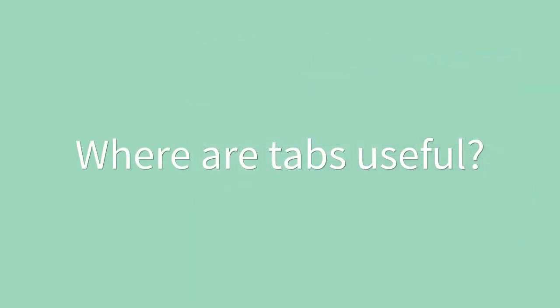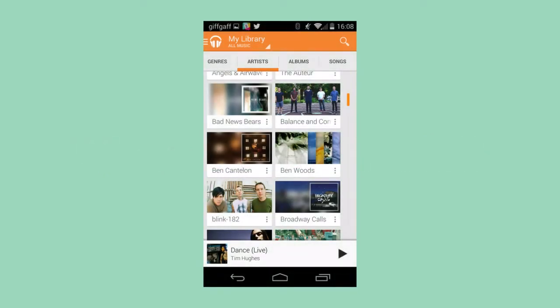So I've bashed tabs a bit, but they are useful in some places. Like I was saying, they're useful for filtering content. So tab bars can either be fixed at the top, like they are here, where you can go between kind of different filters of your music.